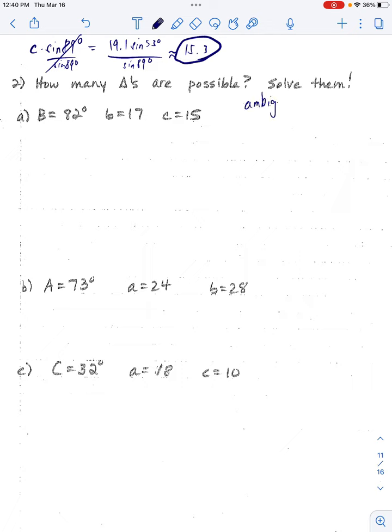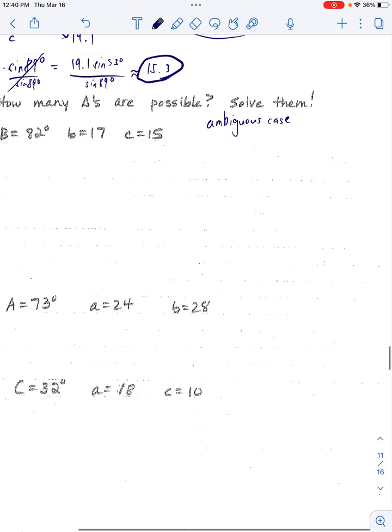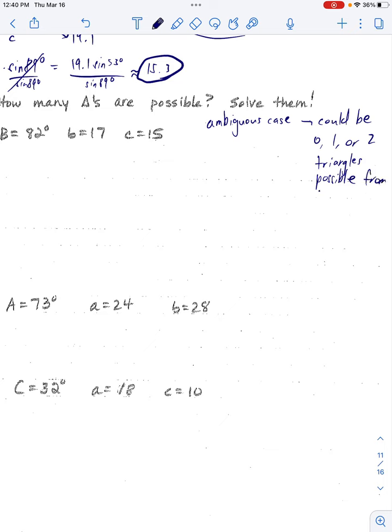That means there could be 0, 1, or 2 triangles possible from the measurements they give us. That's what ambiguous case means.